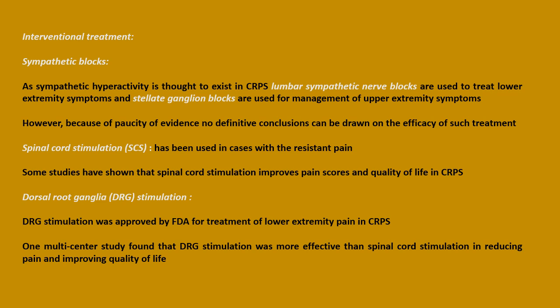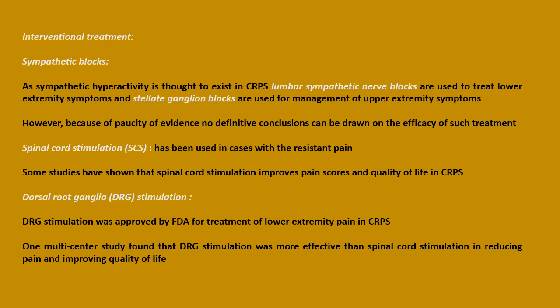Interventional treatment. Sympathetic blocks. As sympathetic hyperactivity is thought to exist in CRPS, lumbar sympathetic nerve blocks are used to treat lower extremity symptoms, and stellate ganglion blocks are used for management of upper extremity symptoms. However, because of a paucity of evidence, no definite conclusions can be drawn on the efficacy of such treatment. Spinal cord stimulation. This has been used in cases with resistant pain.